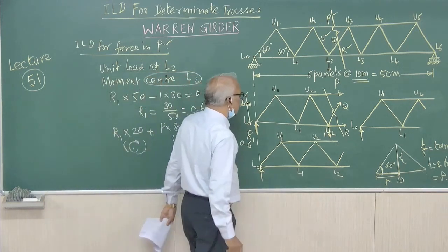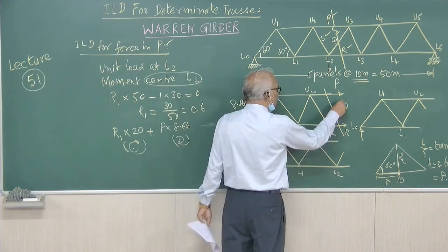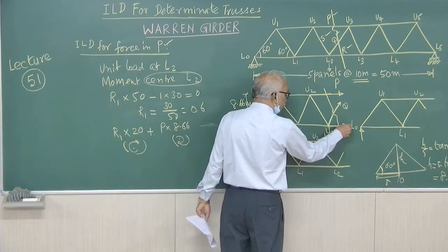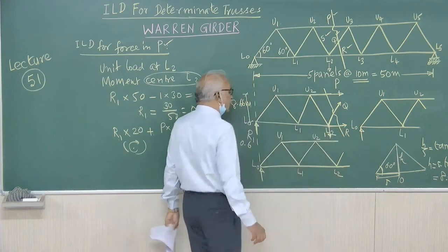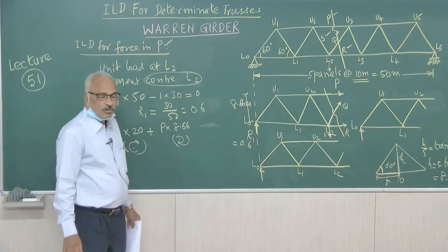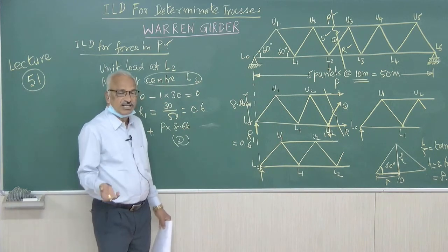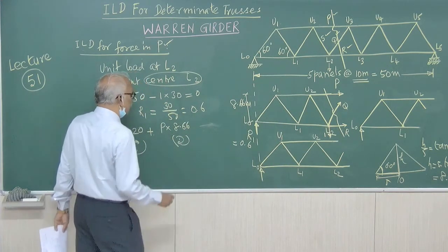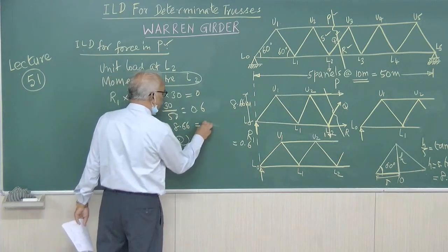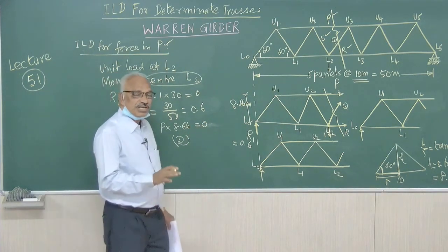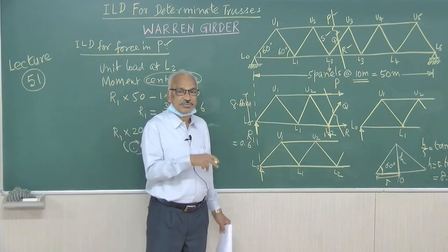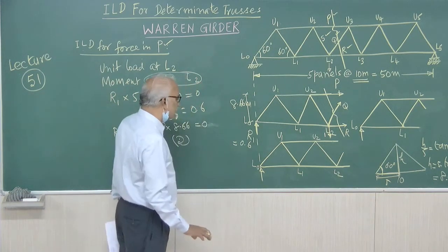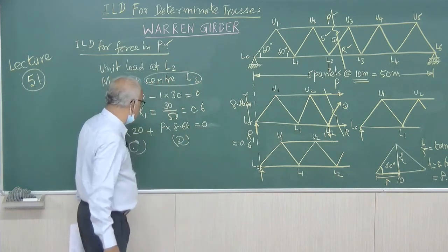The other two forces, Q and R, pass through the point L2, so they will not cause any moment, because moment equals force into perpendicular distance, and when the force passes through the point, the moment equals 0. Therefore, this is equal to 0. That is the purpose of choosing a point where the other two cut members meet, so that you can easily eliminate the other two members. They will not interfere in our calculations.